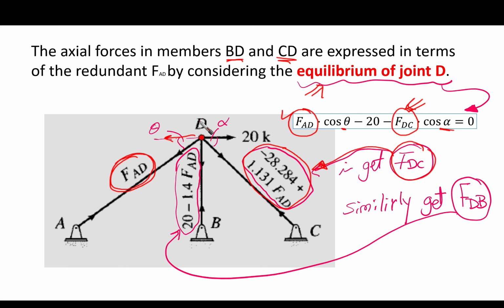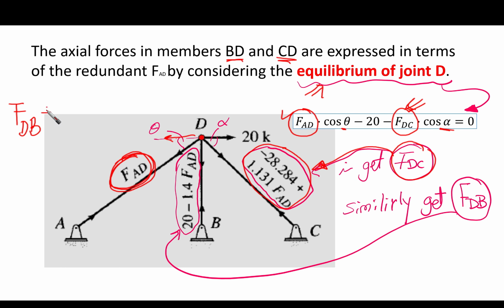In a similar fashion, we can obtain the vertical equilibrium at point D, and it is based on the summation of Fy equal to 0. So we're going to have the value of DB, right? Let's assume FDB is going down, and the others also are going down because the components of FAD are going down here.